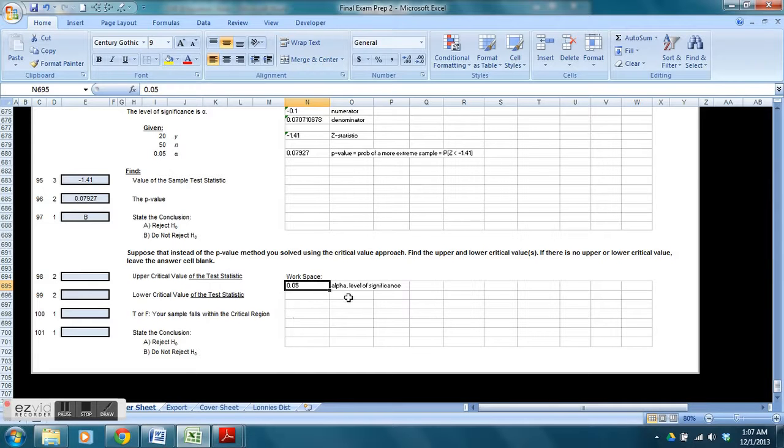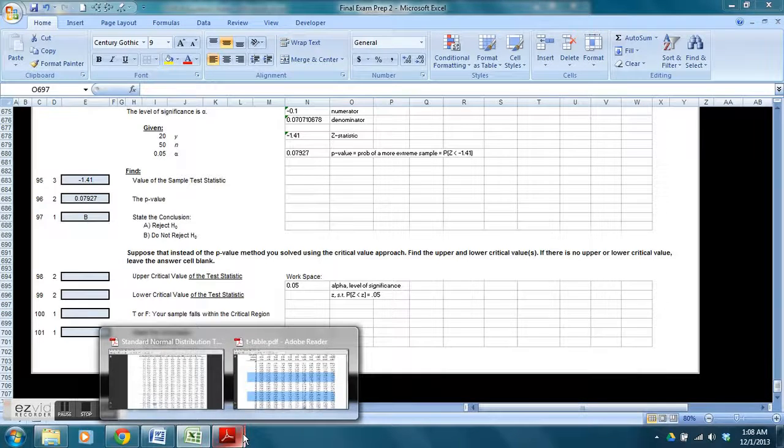So we have to find the z critical value such that the probability of Z being less than z equals 0.05, because all the level of significance goes in that left-hand tail. And we can look that up in our table.